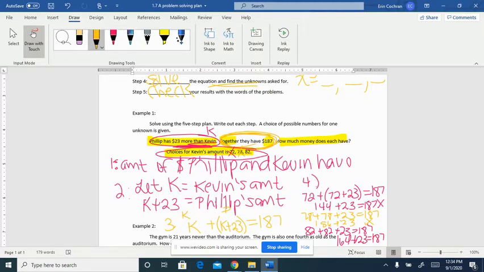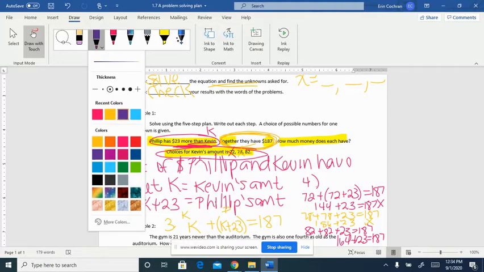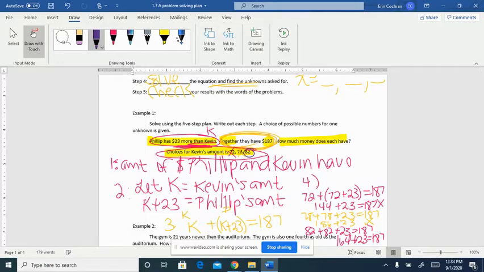So we can conclude that Kevin's amount is $82. So what is Philip's amount? Well, we know Philip has 23 more than Kevin. So we take 82 and add 23, and we get 105. So Philip has $105, Kevin has $82.